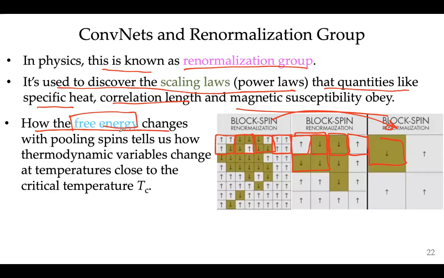Okay, how the free energy changes with pooling or averaging spins tells us how thermodynamic variables change at temperatures close to the critical temperature. So in physics, we use this to get an idea about the exponents of the functions like specific heat, correlation length, and other thermodynamical variables.